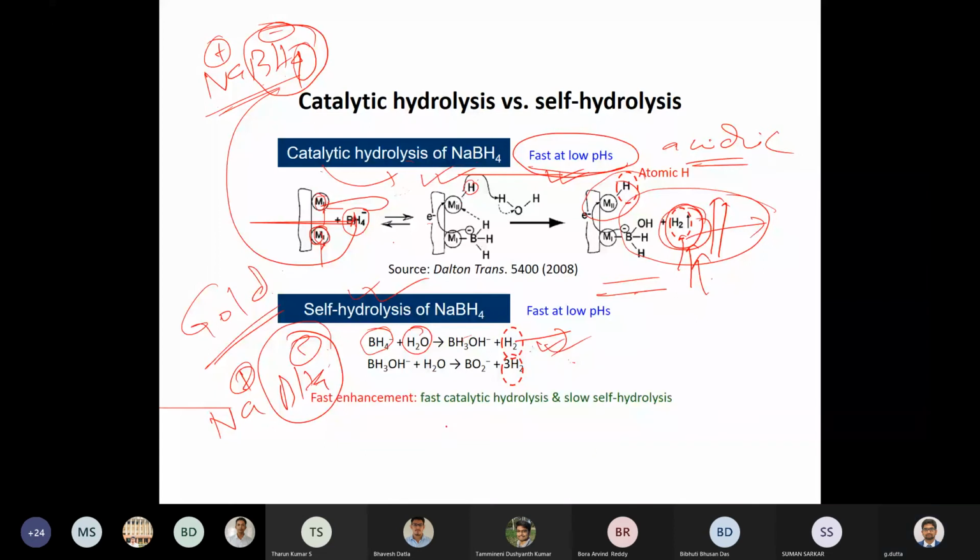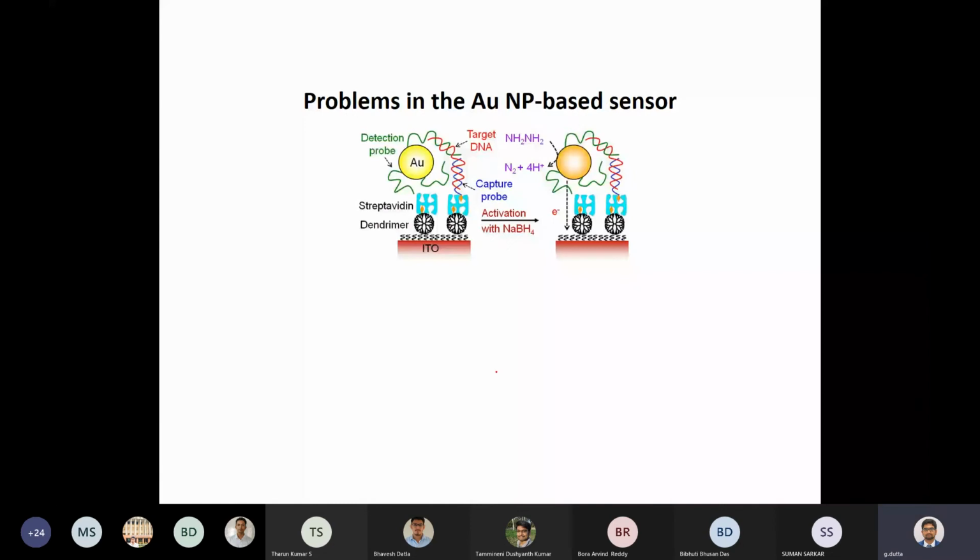Now see, what is the problem for the gold, and why do we want to change the material? From the beginning, I'm saying this is for the gold, but we may need to change the material. But what is the reason? There is some reason.